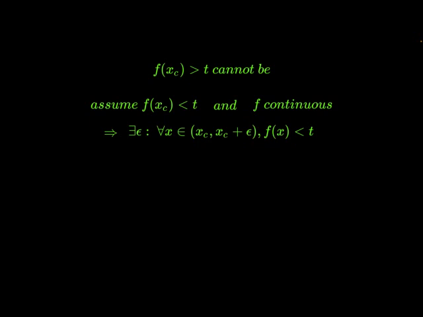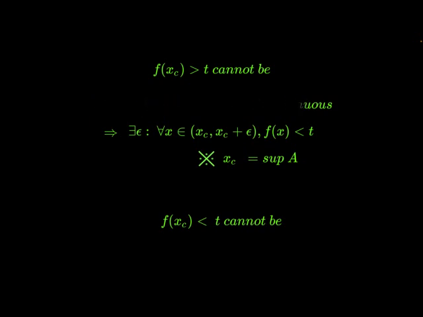Since we have values to the right of x sub c, where f of x is less than t, then x sub c simply can't be the least upper bound of the set A. So we have a contradiction, and now we must abandon the assumption that f of x sub c was less than t.